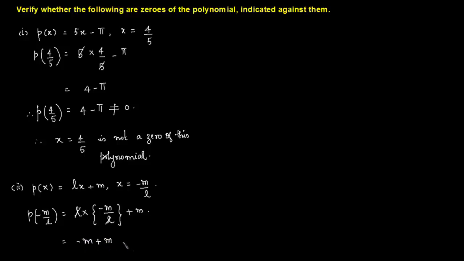And what is minus m plus m? It is nothing but 0. So therefore we have p of minus m by L is equal to 0, which implies x is equal to minus m by L is a 0 of p of x.